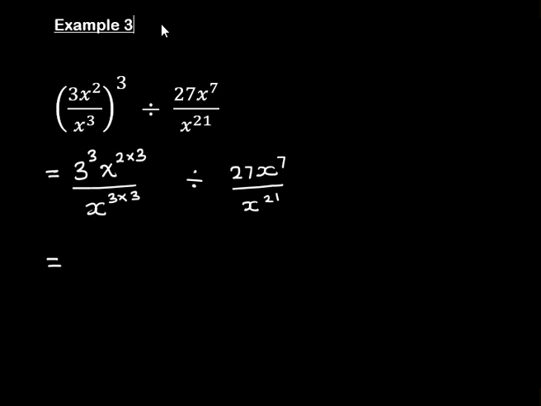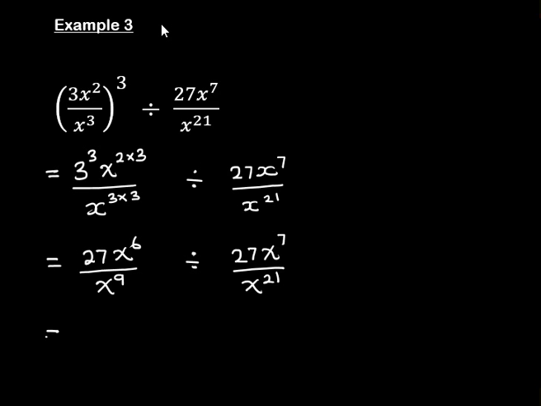So we get 27 x to the power of 6 divided by x to the power of 9, divided by 27 x to the power of 7 divided by x to the power of 21.